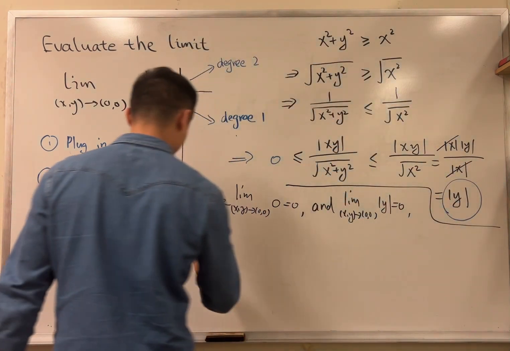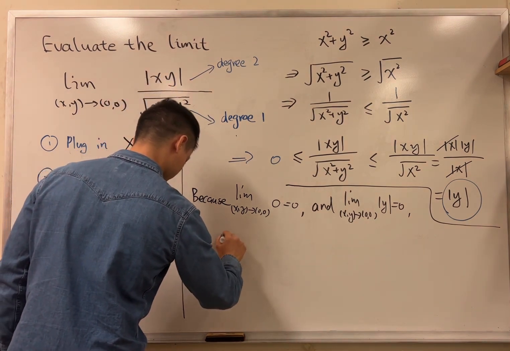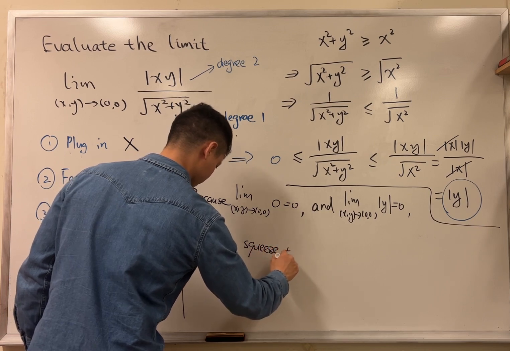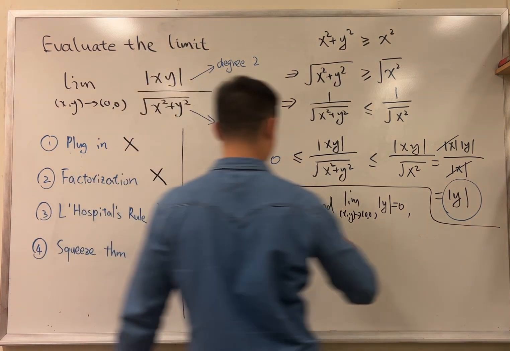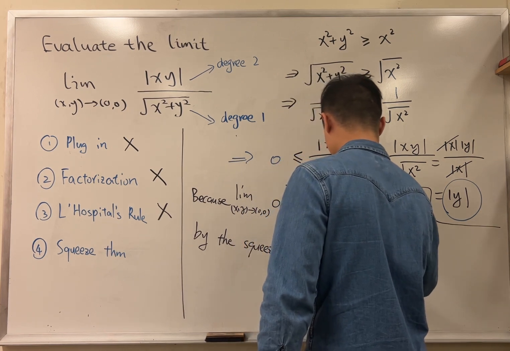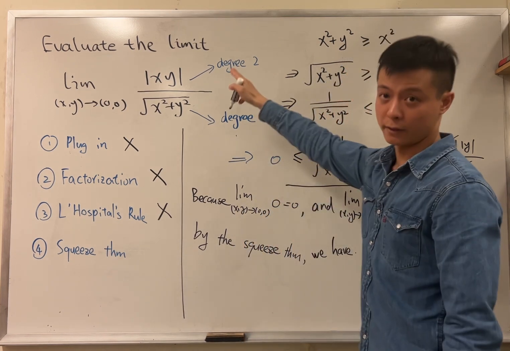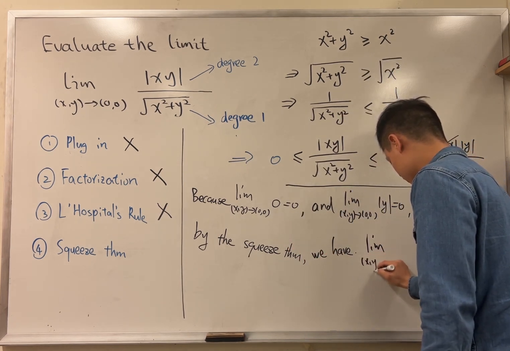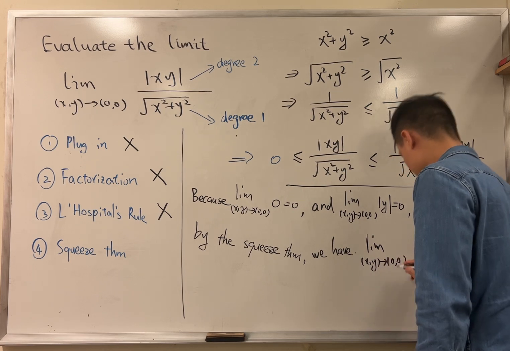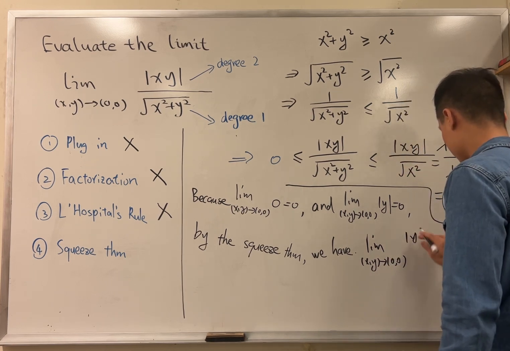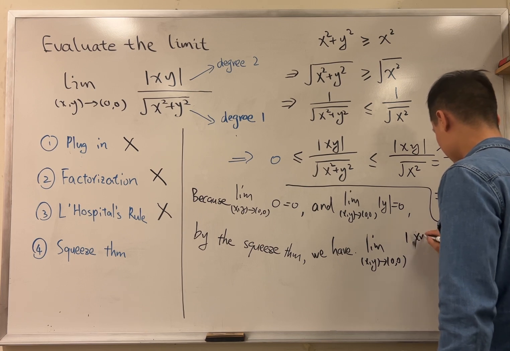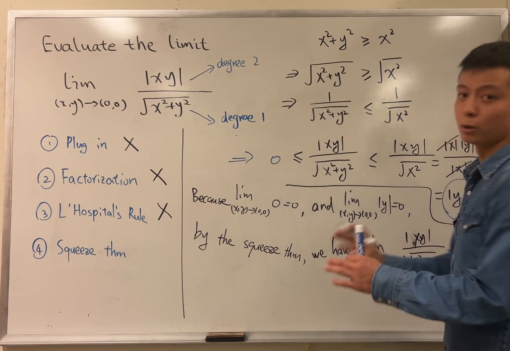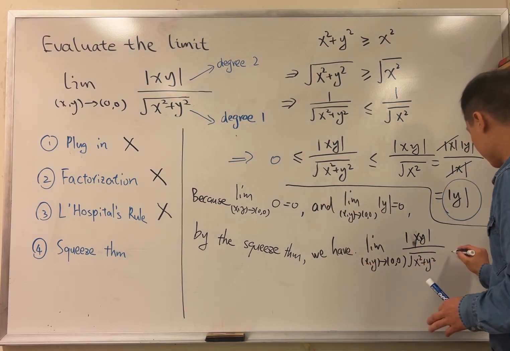So by the squeeze theorem, we're going to have the limit of the original function, which is xy divided by this, to be forced to go to the same limit, 0.